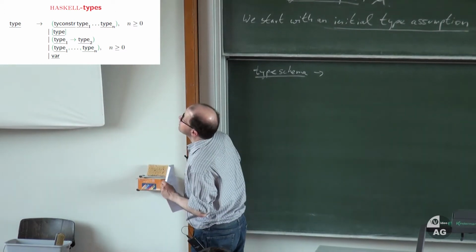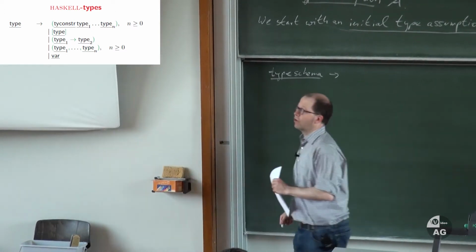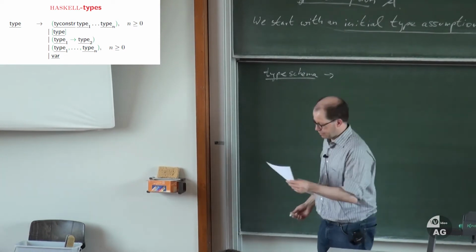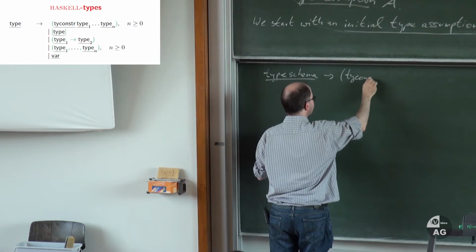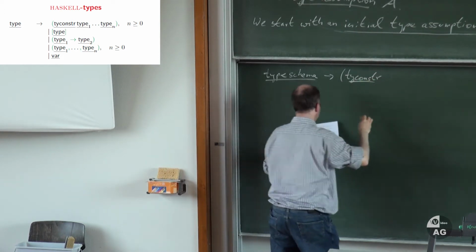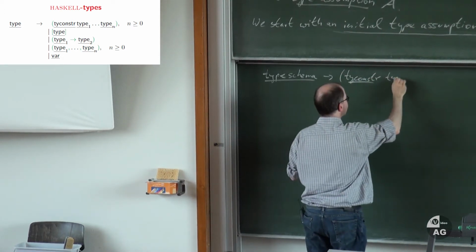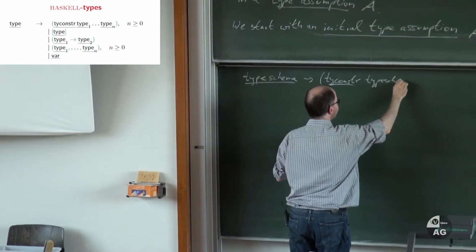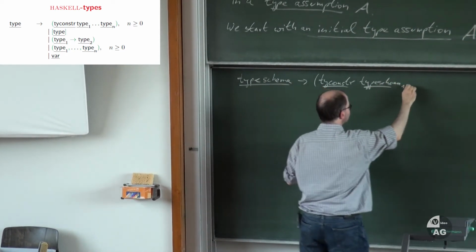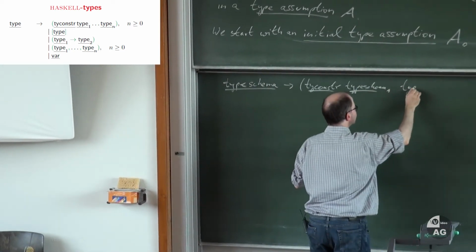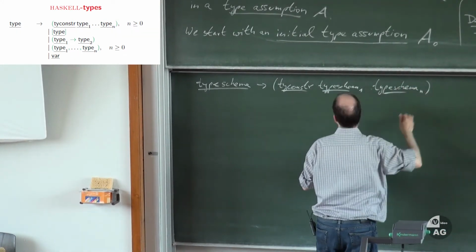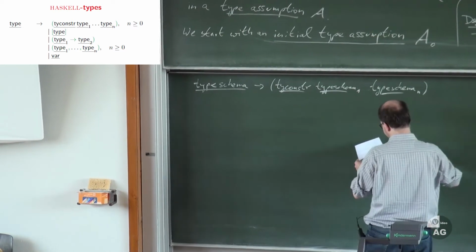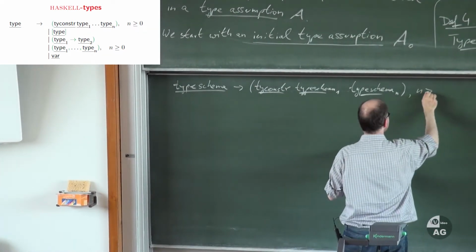You can apply a type constructor to n already existing type schemata. So you can take a type constructor and apply it to type schema 1 ... type schema n, where n is greater or equal to 0.